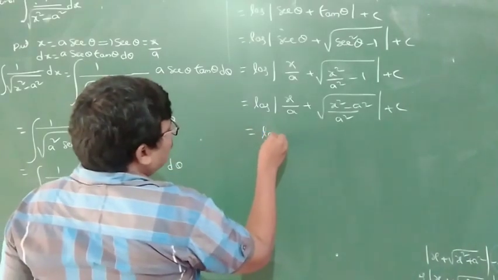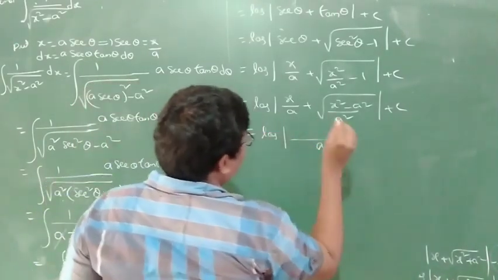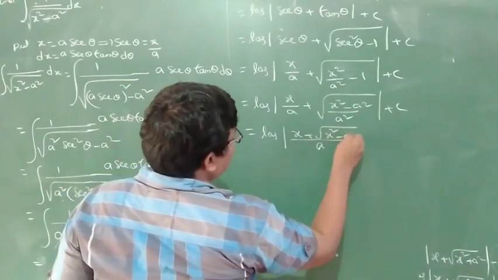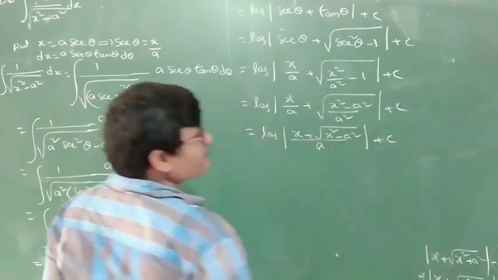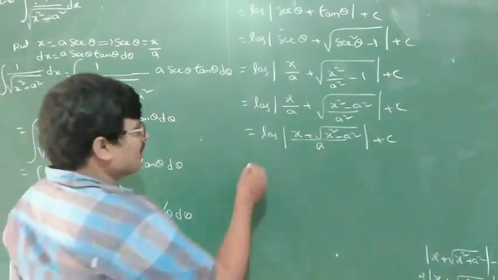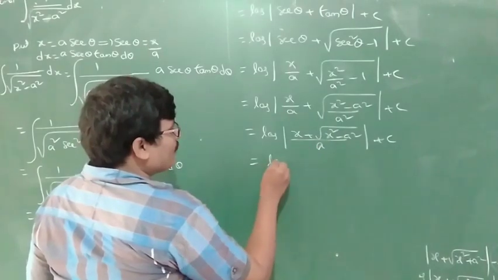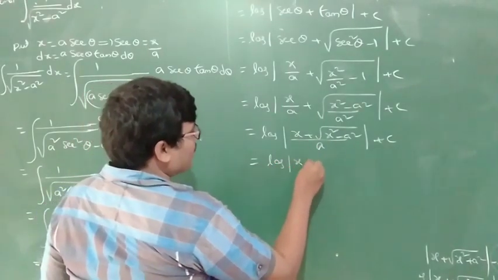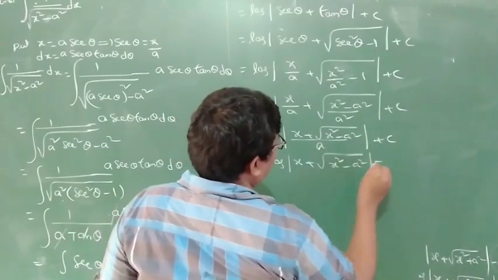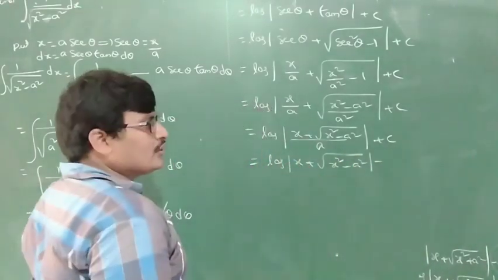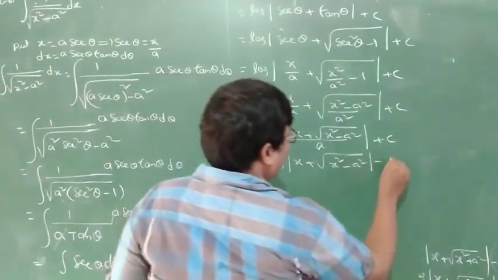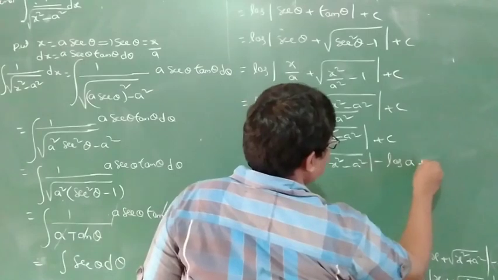That is equal to log mod of, taking the LCM a, x plus root of x square minus a square, all by a, plus c. Log a by b is equal to log a minus log b, so this is log of x plus root of x square minus a square, minus log a, plus c.